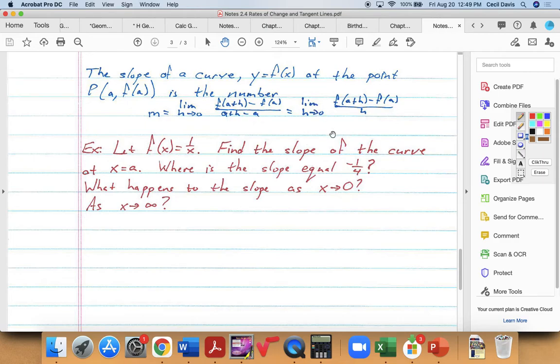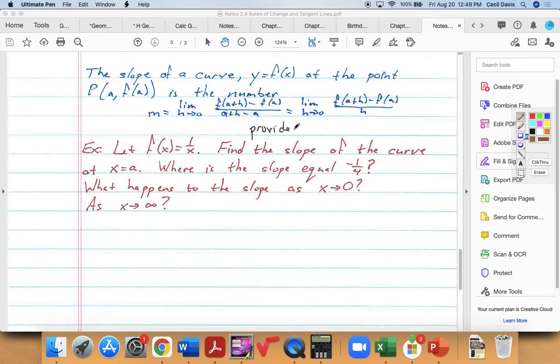So it'll be the limit as h goes to 0 of f of a plus h minus f of a all over h, provided this limit exists. Sometimes it won't.